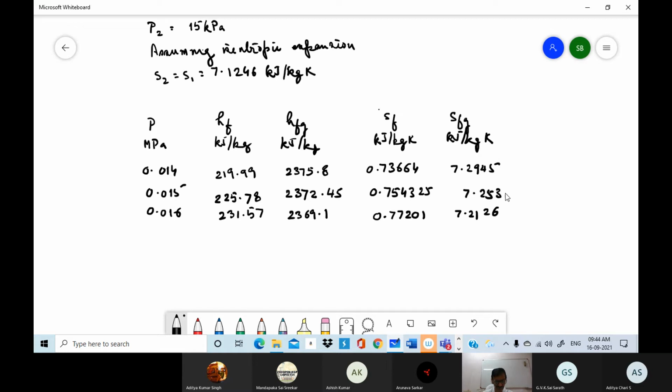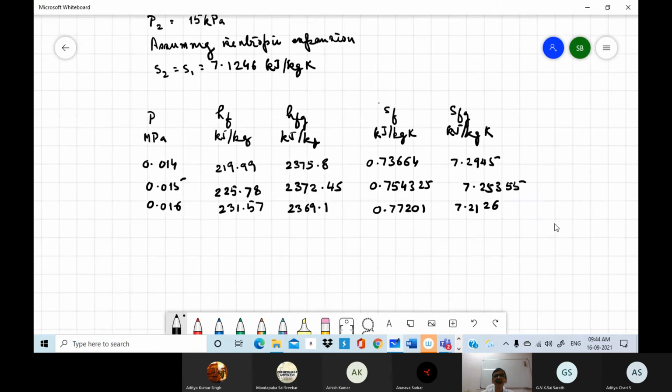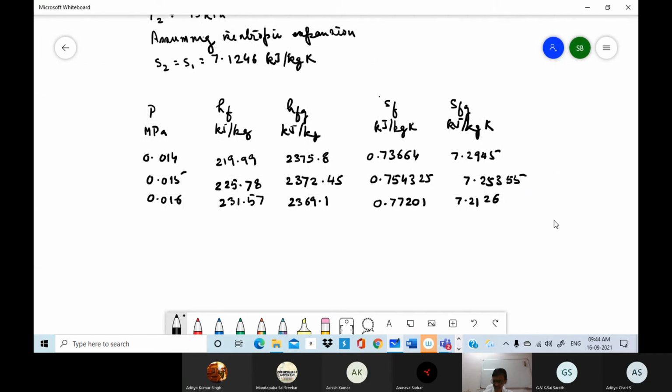So it is this row which we require. So then this is the entropy which it has at exit.